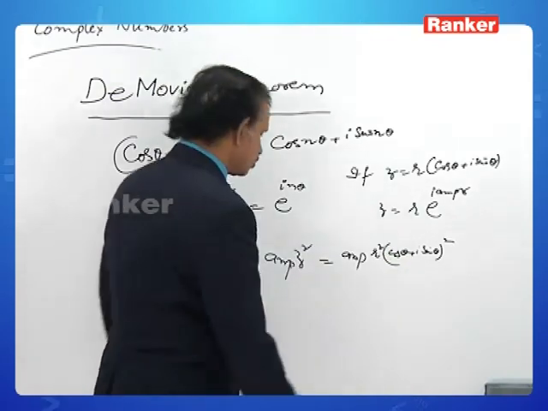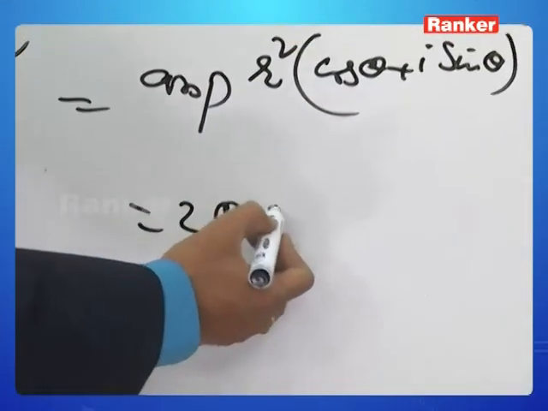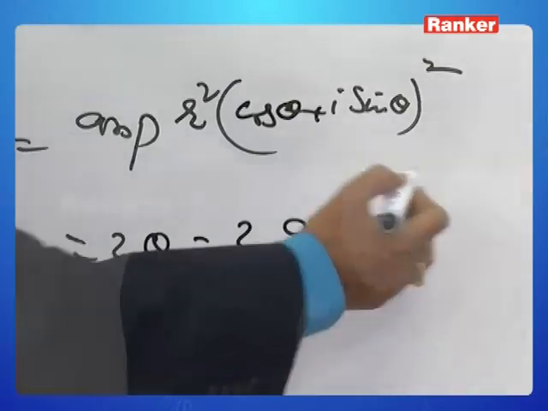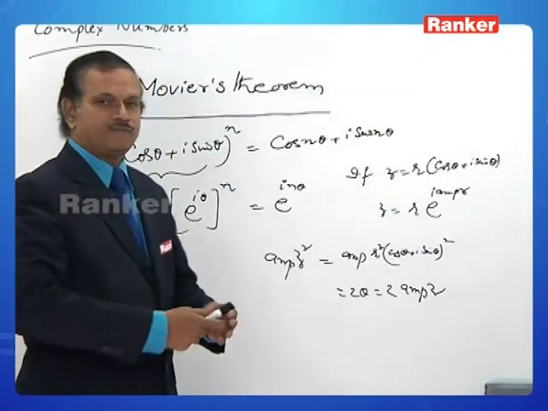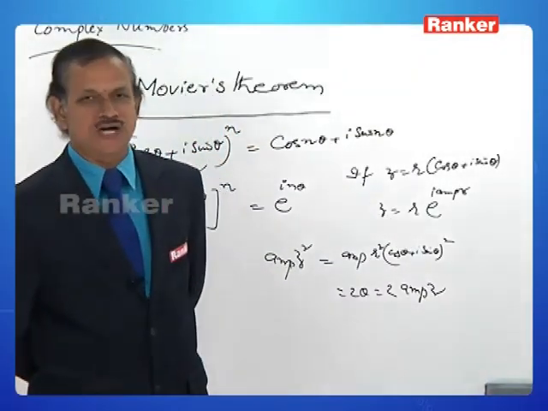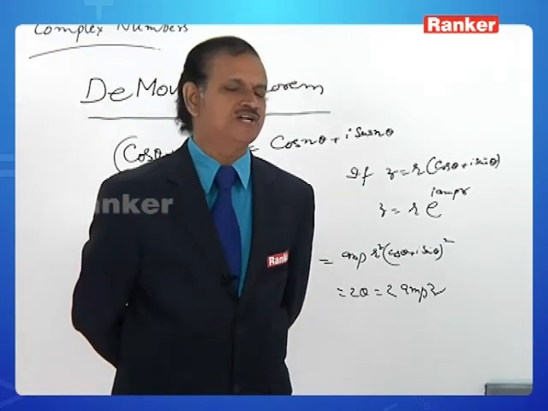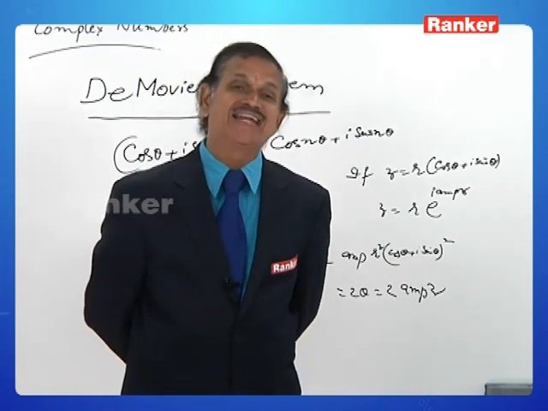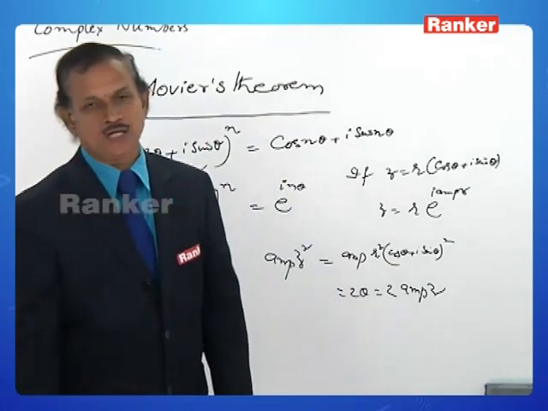Amplitude of this is nothing but 2 theta, which is 2 into amplitude of z. Not only that, if you are asked to have amplitude of z cube, it is 3 into amplitude of z. What is the amplitude of z power n? n into amplitude of z.